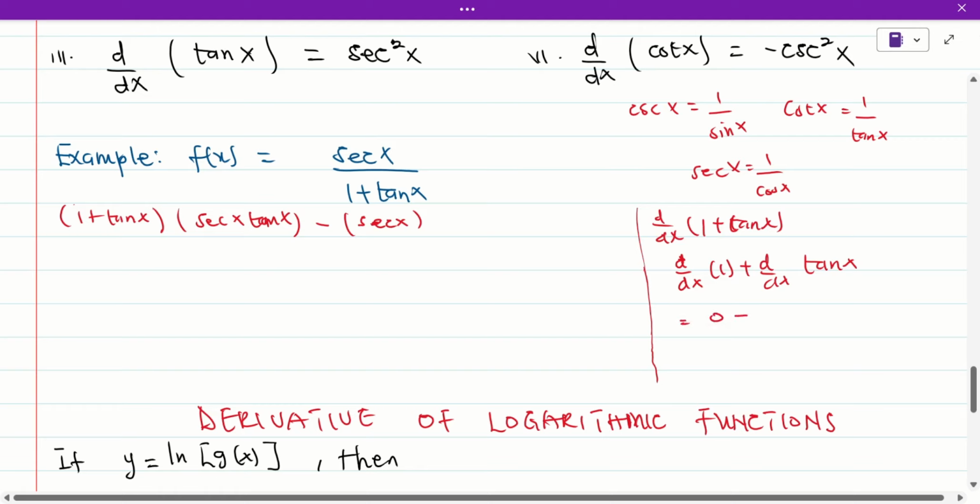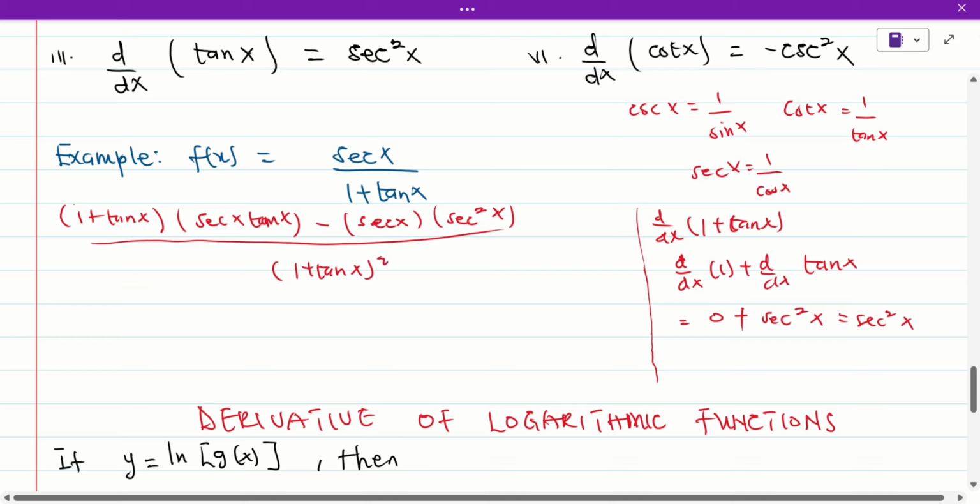Now when you differentiate tan x, you're going to get sec squared x. Do you get it? So here our derivative of 1 plus tan x will give us sec squared x, all over 1 plus tan x all squared.